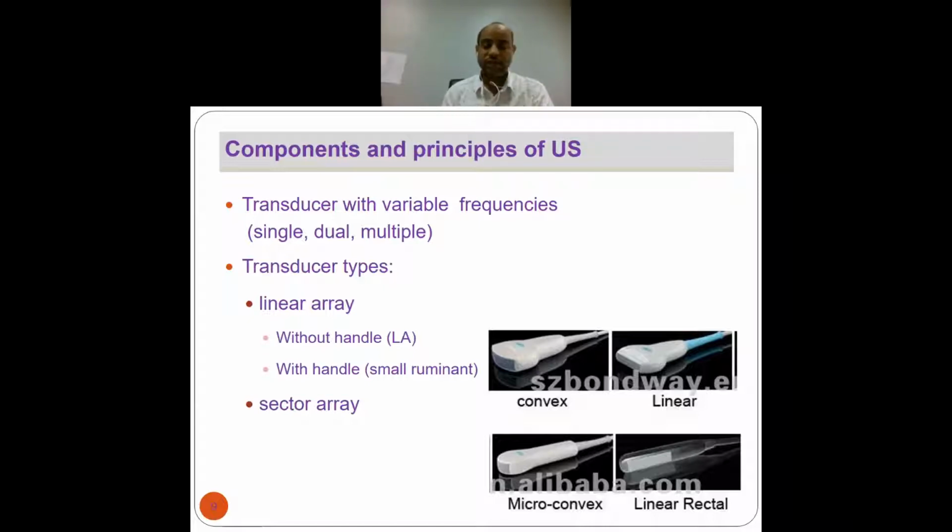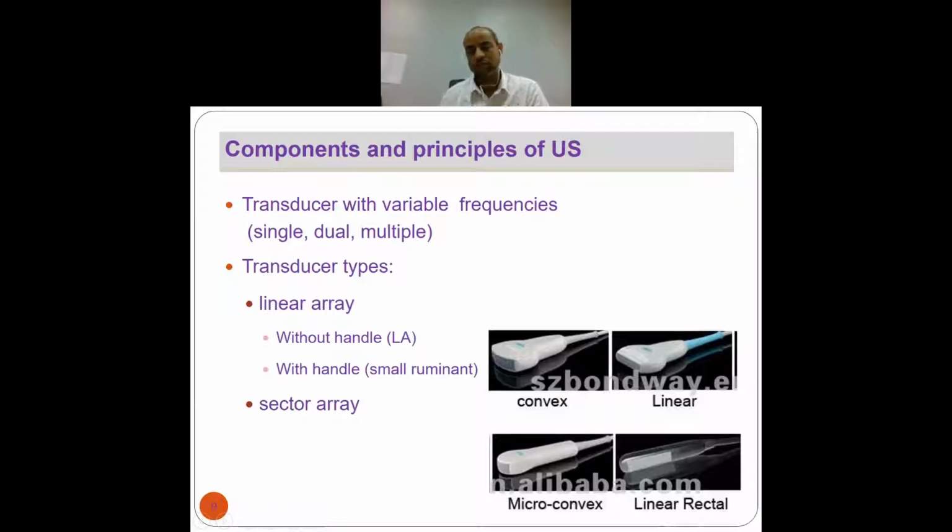The other type is the sector array probe, which is also known as the convex type of probe. As the name itself implies, the shape of the probe is convex. You can see here from the left side, the first probe, how the surface looks like, which is a curved one, a convex type of probe.